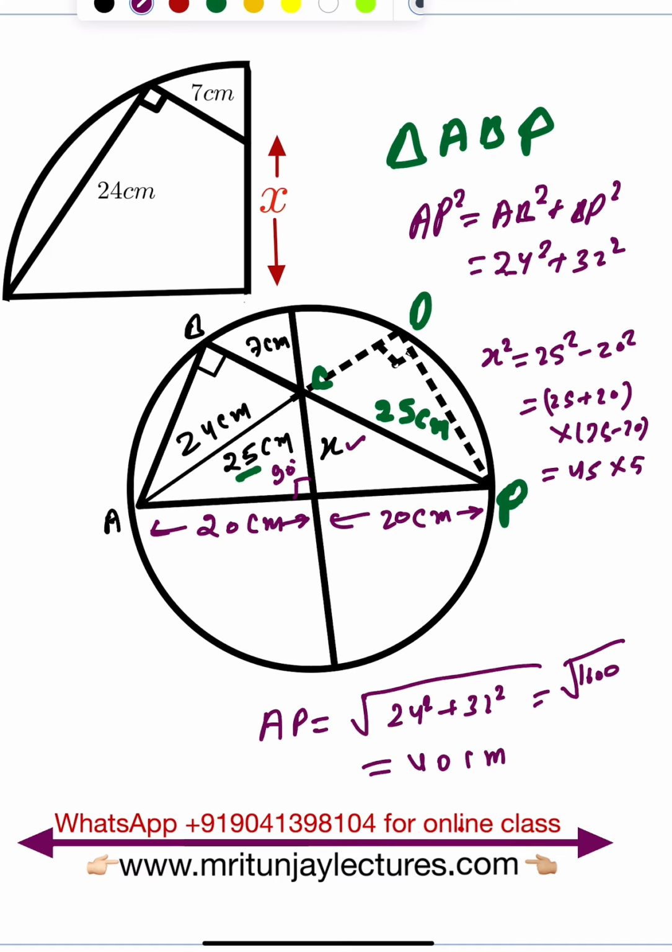So 9 into 25. So what about x? This is 15 centimeter. So x equals 15 centimeter is the right answer.